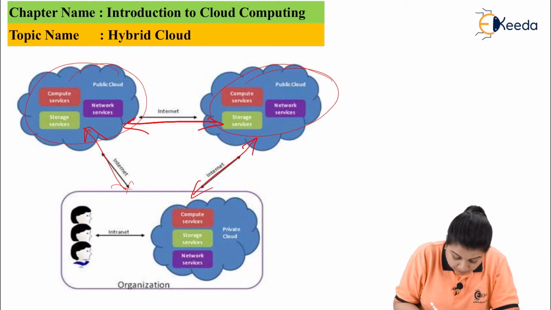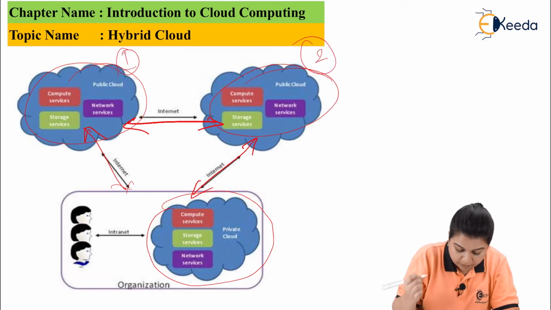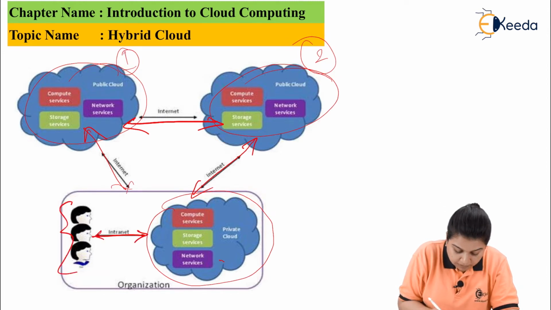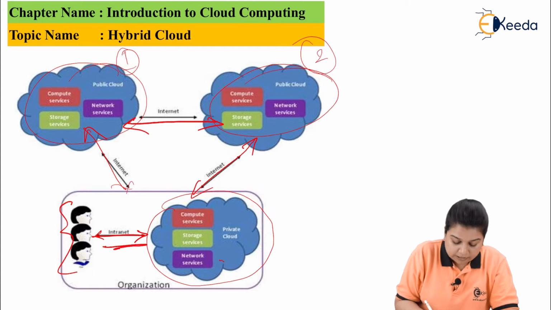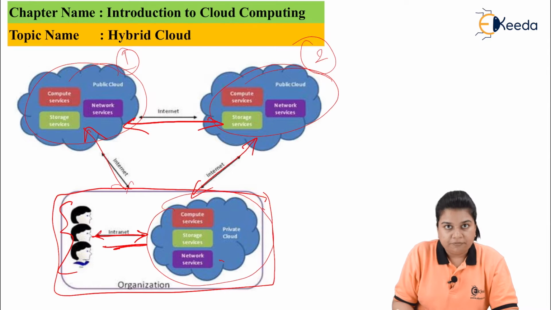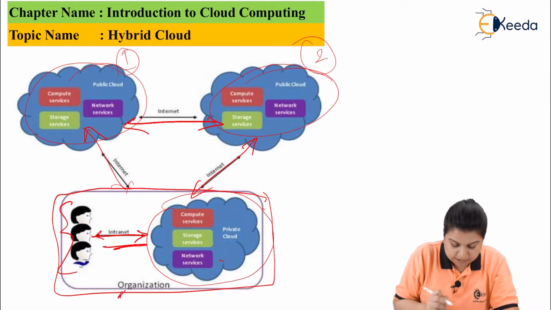Now, we have one private cloud and two public clouds. This private cloud is connected to employees, or we can say to the people, with intranet. Thus, this forms a complete infrastructure, or we could say a private cloud infrastructure in the organization.